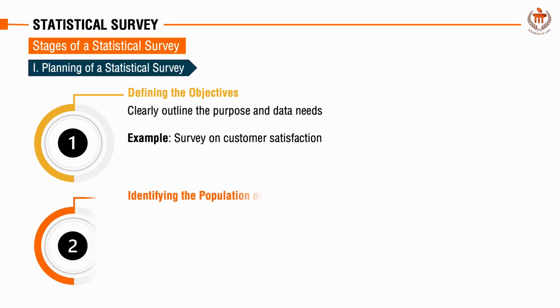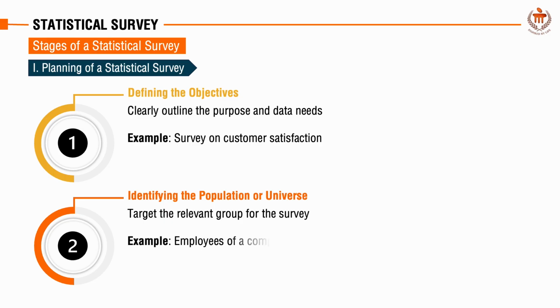The next step is identifying the population or universe, which refers to the specific group that the survey targets. It includes, for example, employees of a company when conducting a satisfaction survey within the organization, which targets the relevant group for the survey.